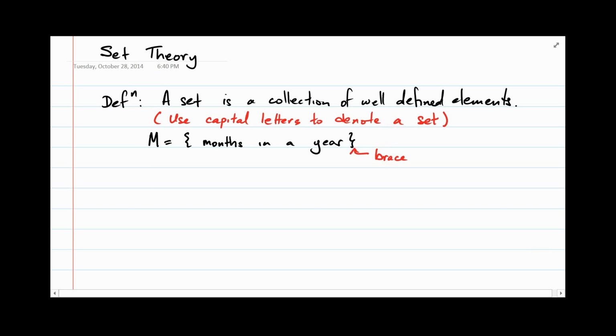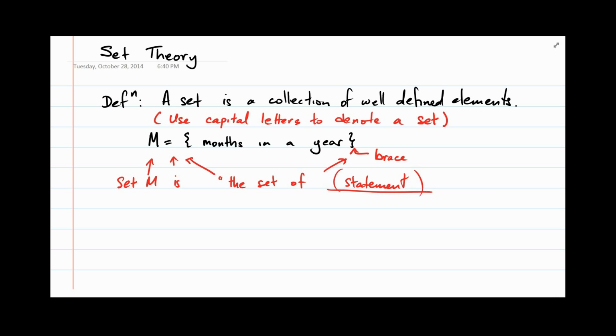Together, when we are speaking, set M, your equal sign is equal to, and the two braces starting and ending, the set of, and then whatever statement you have inside, whether it's a mathematical statement or a verbal statement as we have here. All right, this is just a descriptive set.